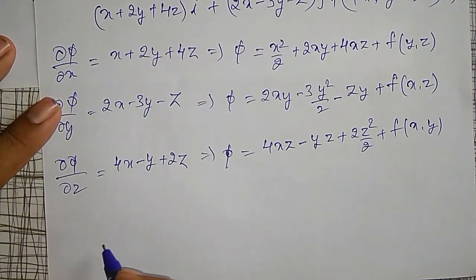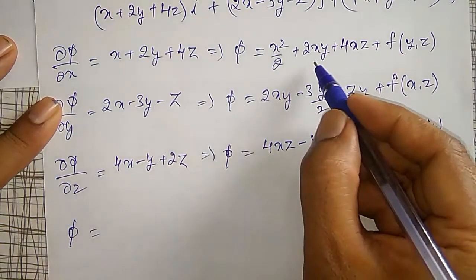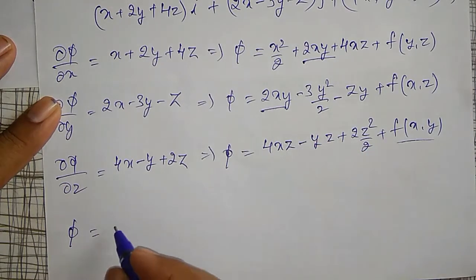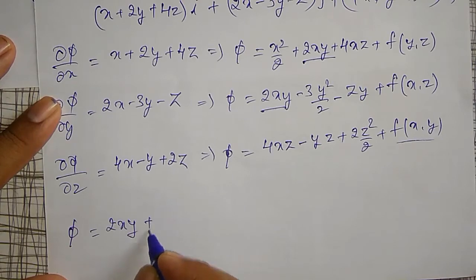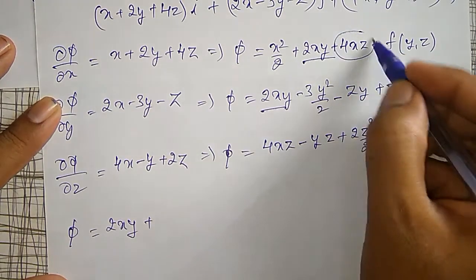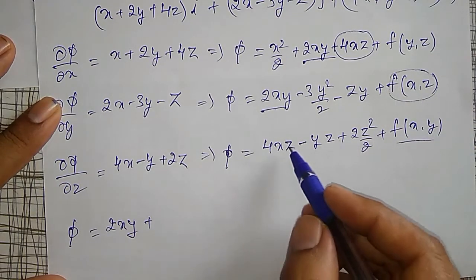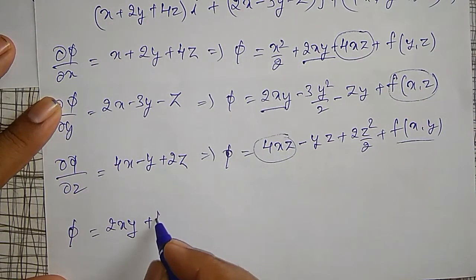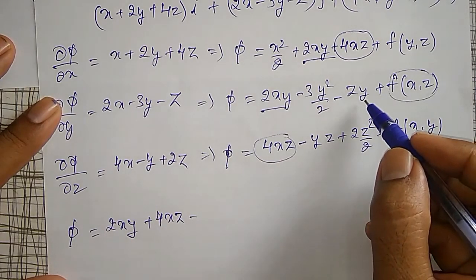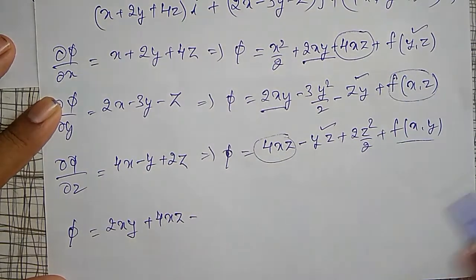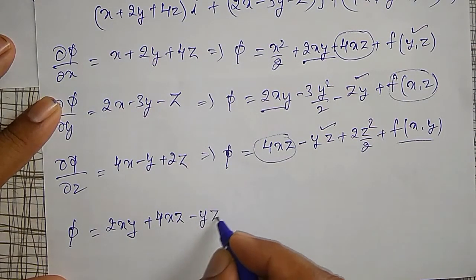Comparing all the three, I am going to get phi is equal to, common things first, 2xy, but xy is present in the form of function, therefore 2xy first, plus 4xz, and here xz is present in the form of function, plus 4xz, and minus yz, which is present in the function of y, therefore minus yz.